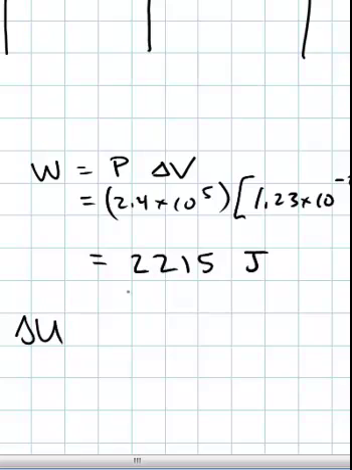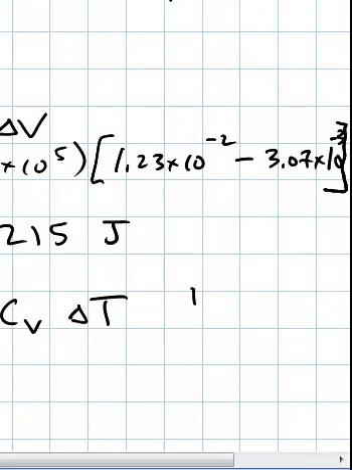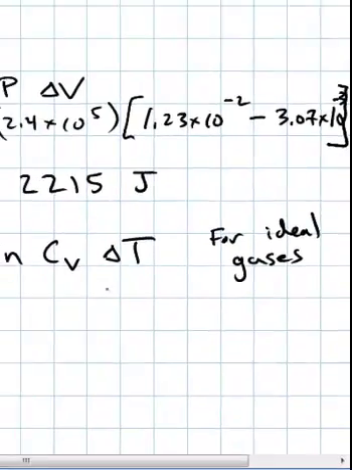Delta U. And in order to find delta U, we are going to use this equation. And the reason we can use this equation is because this is an ideal gas. This helps us out a lot.